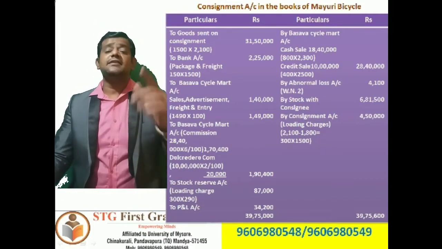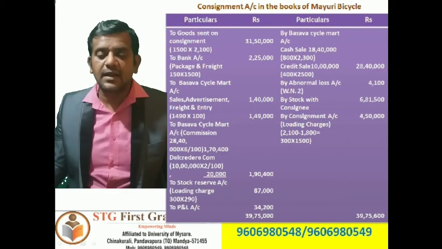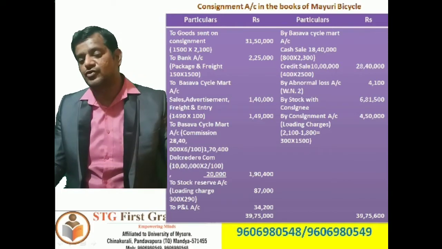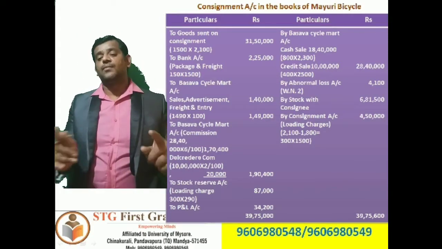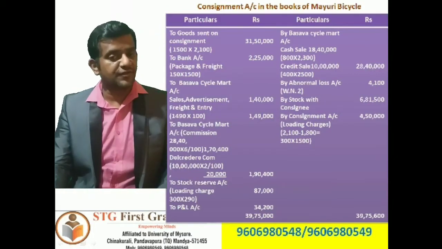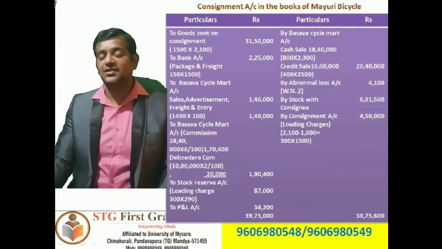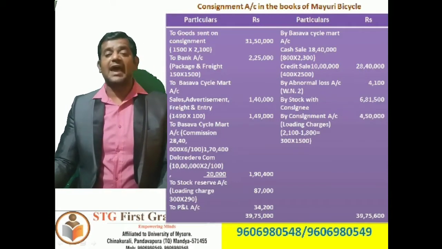Absolutely correct. The difference is 34,200. Transfer that to P&L account. So P&L account 34,200. Now total both sides, 39,75,000. So we are done with the major part of the consignment account as well as the working notes.